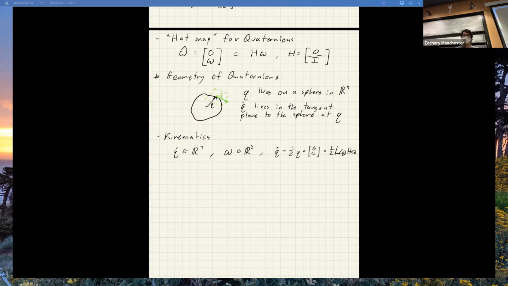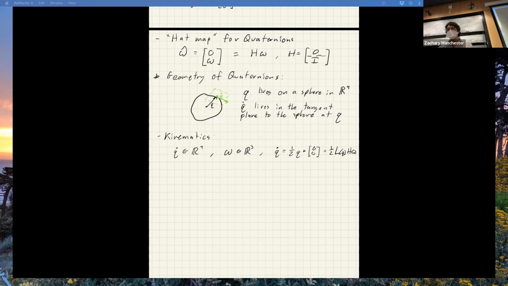Okay, so the question here is, knowing omega is a 3D thing and this Q dot tangent plane thing, geometrically, where does omega fit into this picture? That's the question.